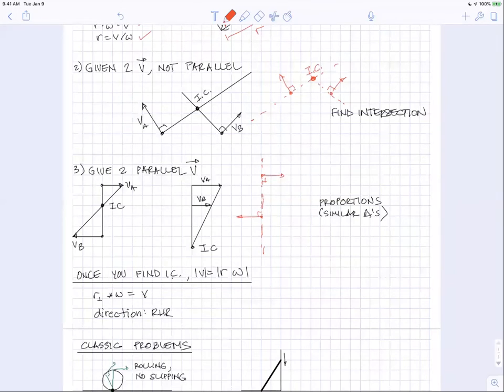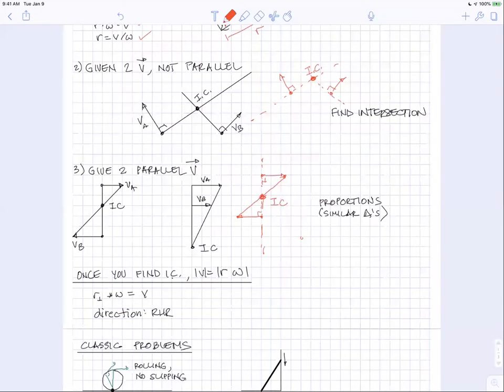Well, when you have two parallel velocities like that, you draw the perpendicular line between the two velocities, and we know that the velocities are proportional to their distance from the instantaneous center. So if you were to just draw a straight line connecting them, this would be the instantaneous center, because now the velocities are proportional to their distances by similar triangles.